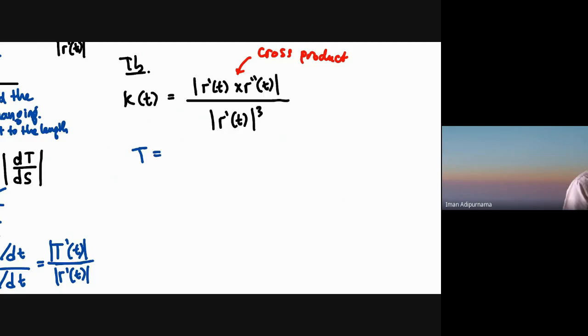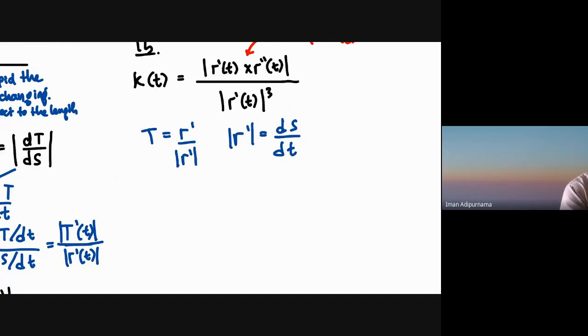So this is from, so let me write all the terms that we need. R prime is ds over dt. Okay. Now, first we arrange this and make it into this form.